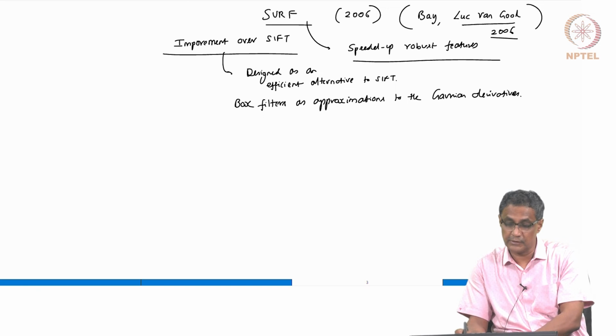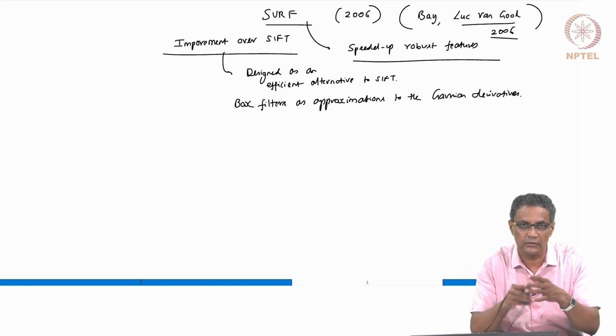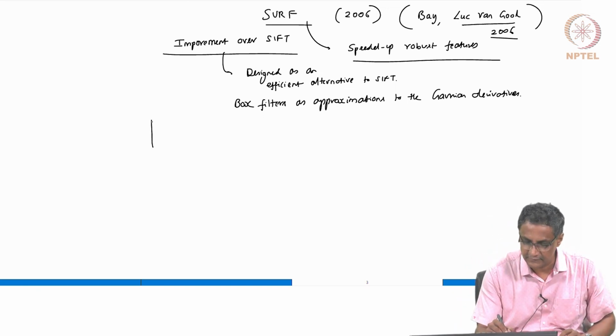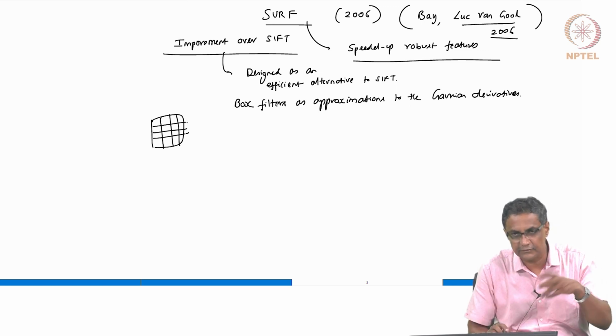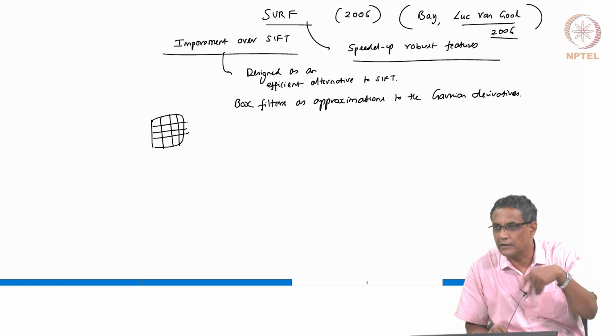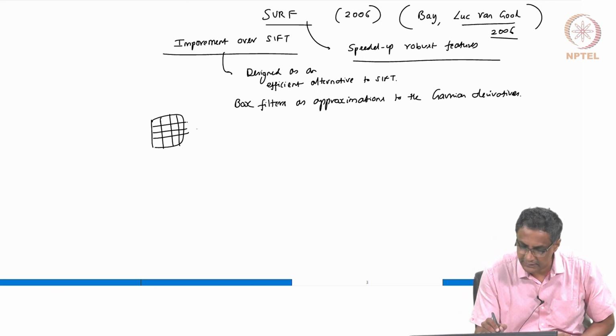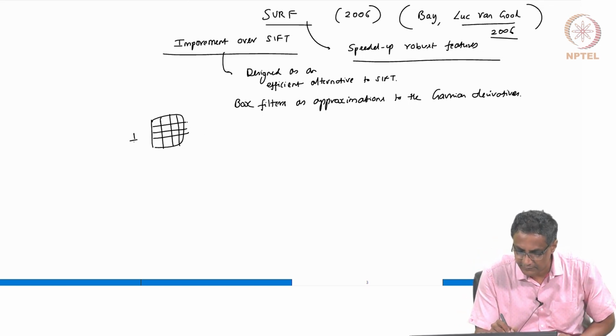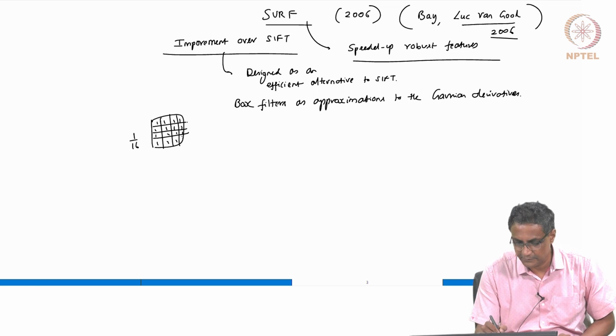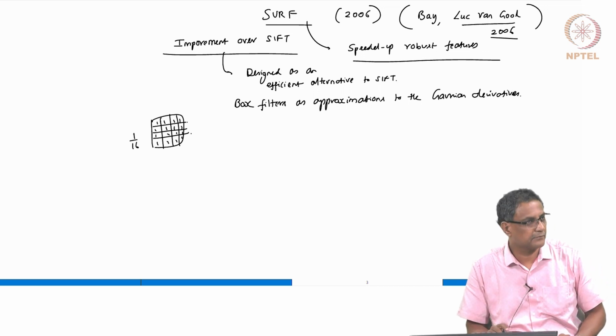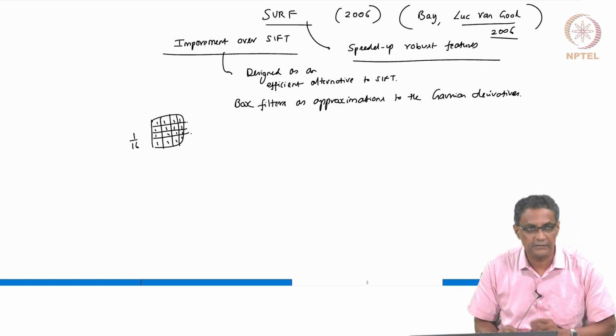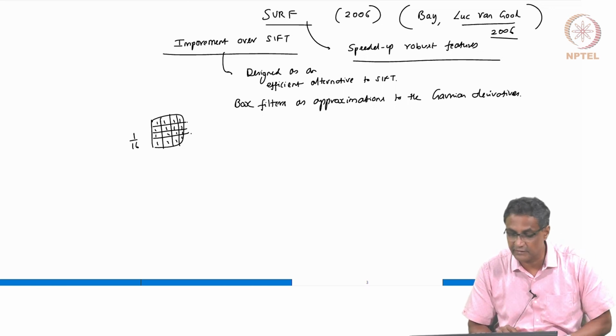Now you may wonder, a box filter is typically all ones, a contiguous array of numbers. So you can have something like 4 cross 4, with 1 by 16 all ones. This is actually a box filter. And you might wonder why such a thing makes sense, since it seems like a big deviation from a Gaussian.